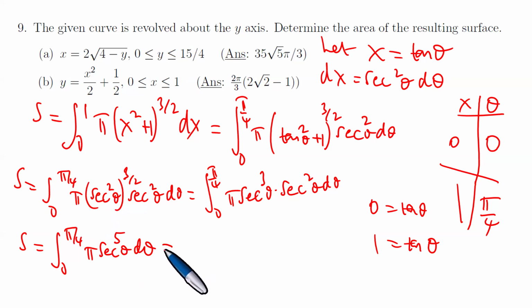What we know then is that the integral of the sec to the 5th power, you're going to have pi outside.